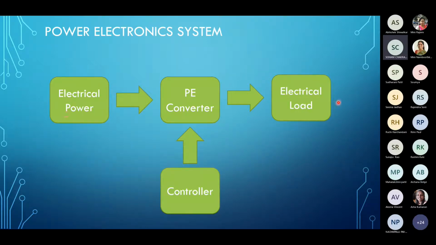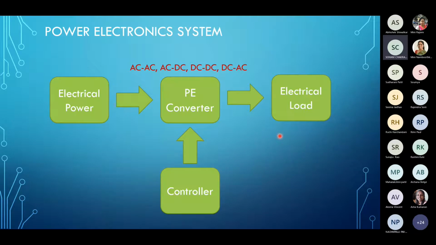The rest, electrical power and load, are the basic things which we take supply from and give supply to. And apart from this, we have many subsidiary circuits, small or large protection circuits, maybe some feedback circuits, sensors, feed-forward circuits. We may have some monitoring circuits, etc. There are many other parts which cannot be shown in this diagram as such.